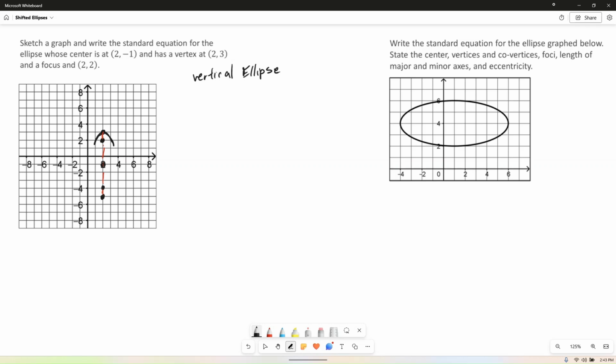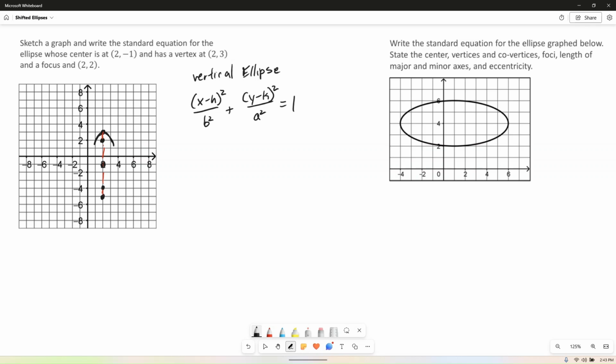So my general equation is going to be (x minus h) squared over b squared, plus (y minus k) squared over a squared, equals 1. Again, the a goes with the y, and a is in the denominator of the y fraction because it's a vertical ellipse, and y is our vertical variable.